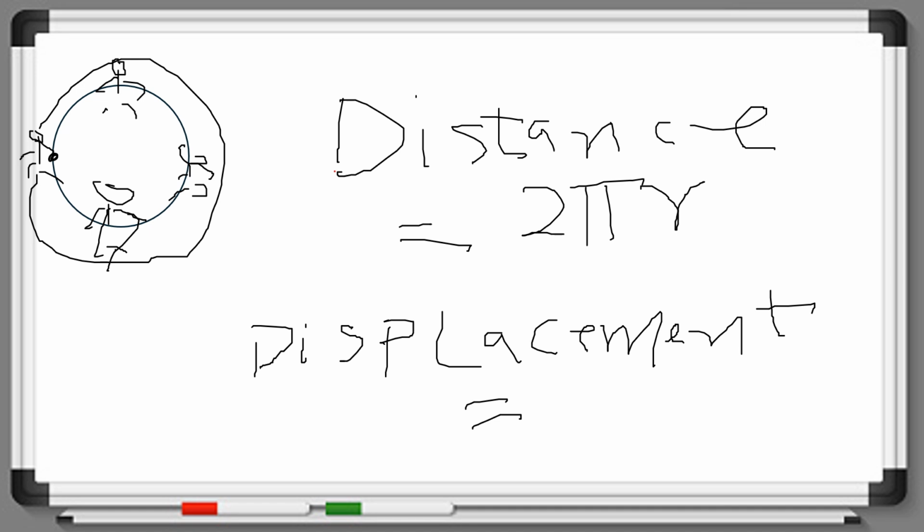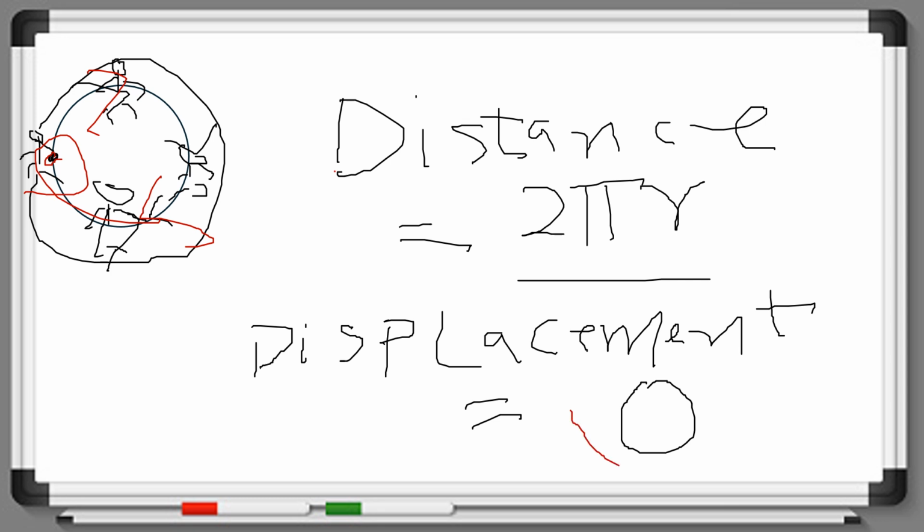So when we move along the circle, the perimeter or the circumference is 2 pi r. So the distance traveled is 2 pi r. And we start from this point and we reach the same point. Therefore, we can say the displacement is 0. What is the displacement? 0. When a body starts from a point, travels and reaches the same point again, then the displacement will be 0.